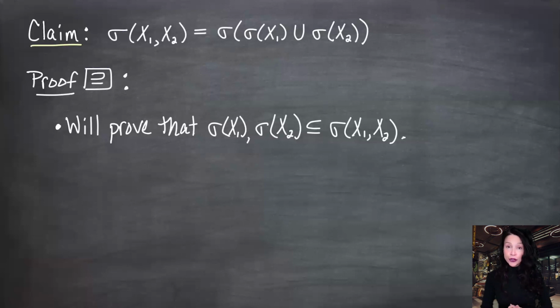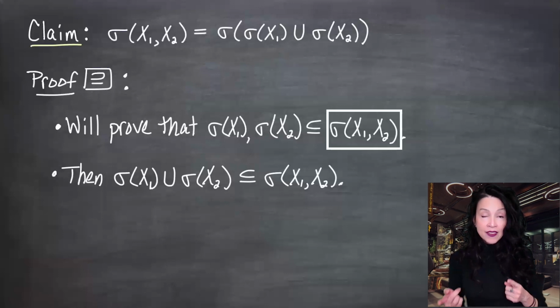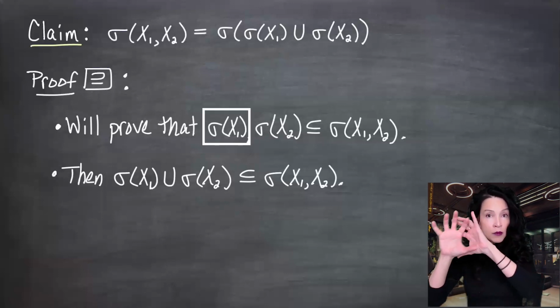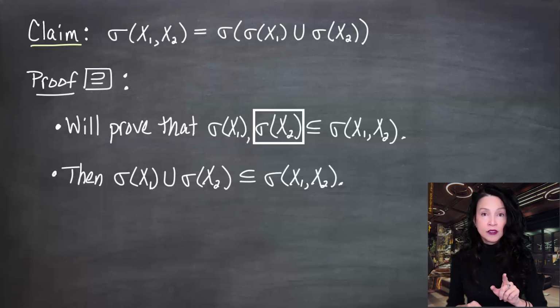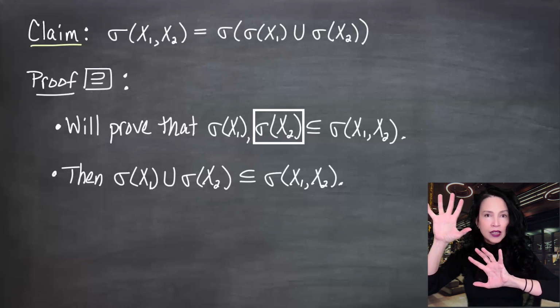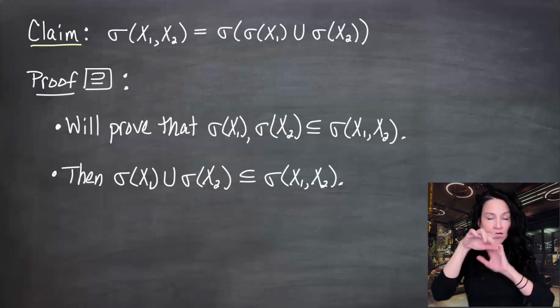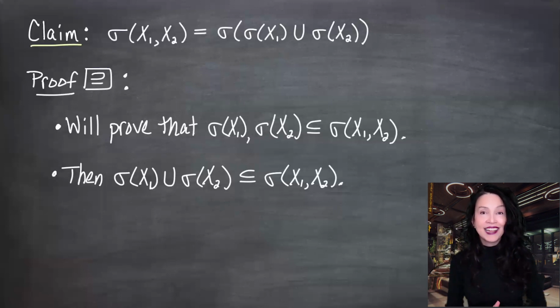Because if this is true, then the sigma field generated by x1 union with the sigma field generated by x2 is also contained in this sigma field. Why is that? This sigma field is a big collection of sets. This sigma field is some subcollection. This sigma field is some other subcollection. It doesn't have to be disjoint like I'm making it look, but two subcollections within the big collection. If you union these, you'll get a collection within the big collection. So that's all I'm saying here.